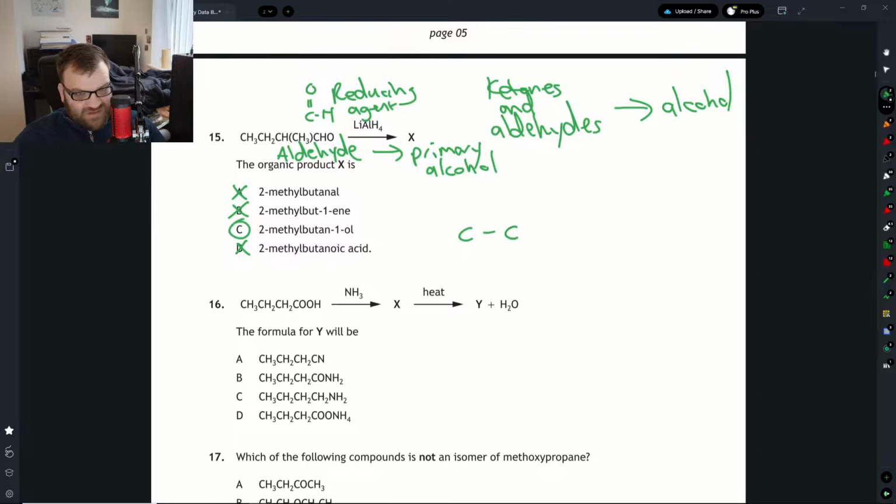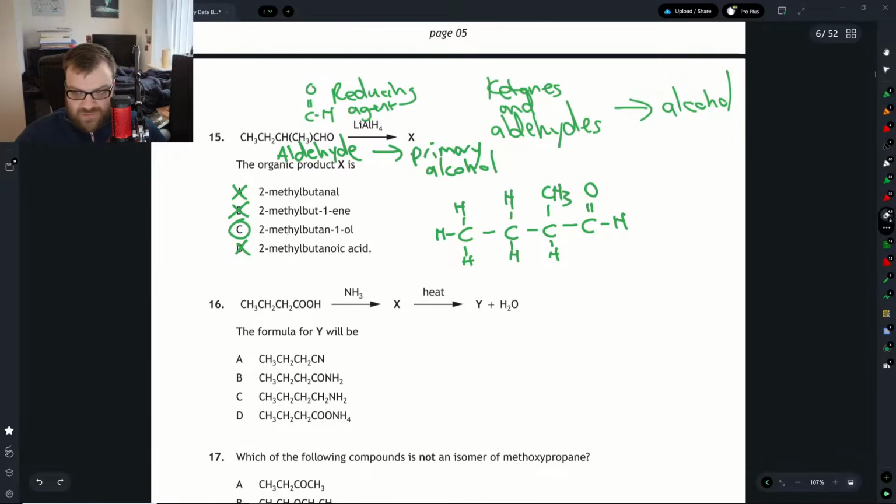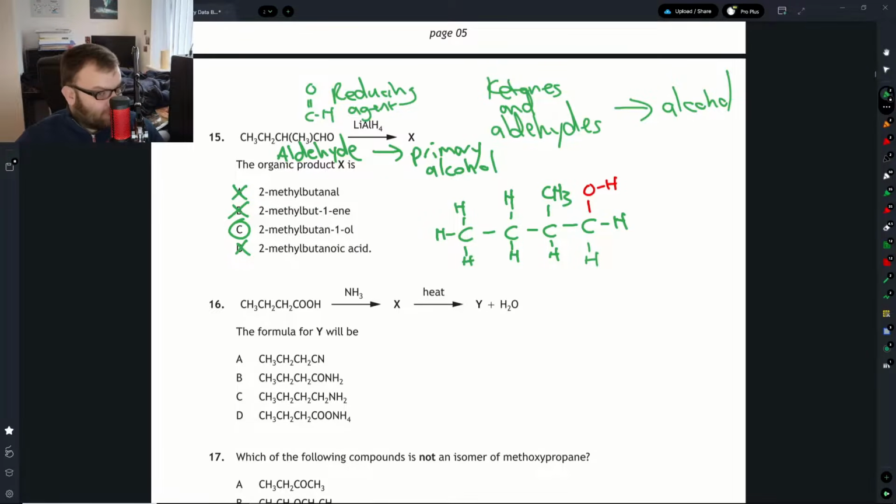If you draw it out and look at what you've got, something like this, when you convert this, you're going to change your carbonyl group into an alcohol group, an extra hydrogen on it. 1, 2, 3, 4 carbons means it's but-. Butan-1-ol because it's on the first carbon, with a methyl group off the second: 2-methylbutan-1-ol. I got that because it's the only alcohol that's present, but if there were multiples of them, you could use that way of naming them.